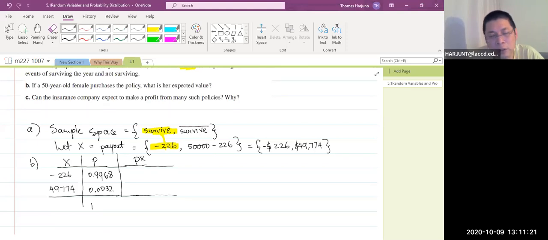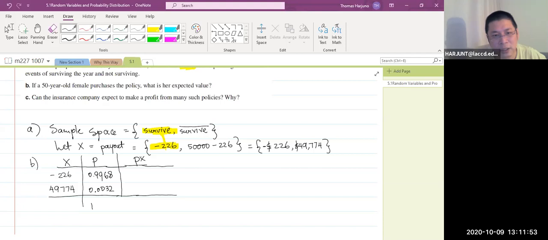And negative expected value for the insurance company means the insurance company expects to lose money by insuring this 50-year-old female, right? Okay, so we expect it to be negative, which means it will be positive for the company, right? And gives the reason for the company to run the business, okay?